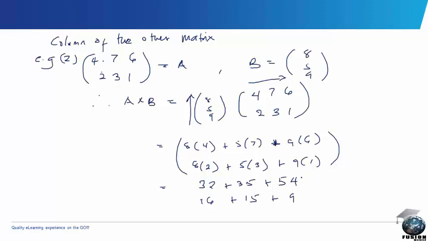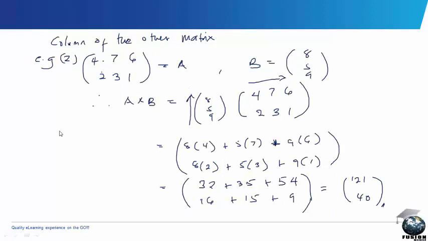So we add them, and when we add them on this row we will have 35 plus 32 plus 54 gives 121, and then 40. Alright, so this is our matrix.